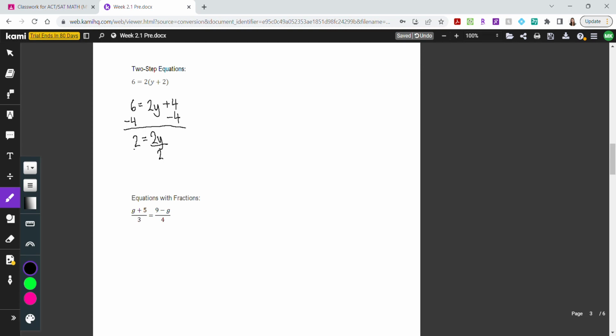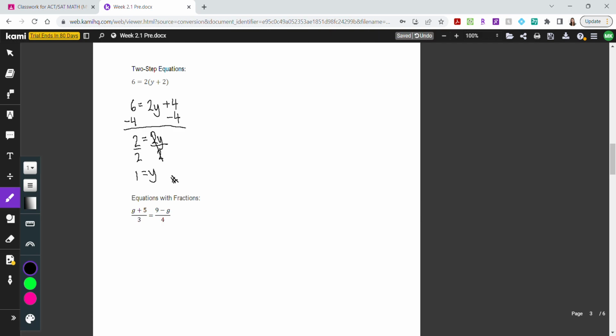And because we divided by 2 there, we also need to divide by 2 here, right? After that, we're going to get 1 equals y, right? Because these cancel out, which is why we divided both sides by 2, because we want to get rid of this and make y by itself. And so then our solution is going to be y equals 1.